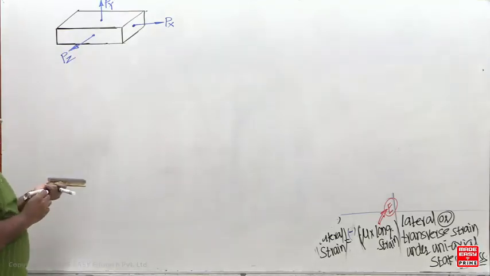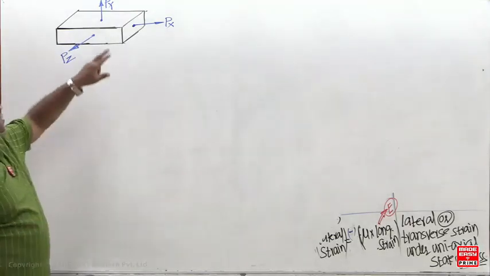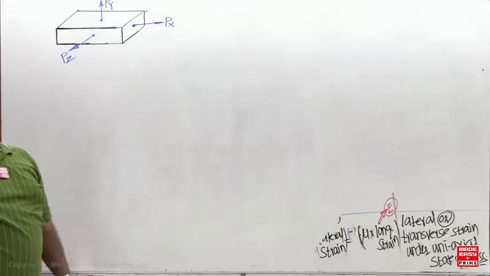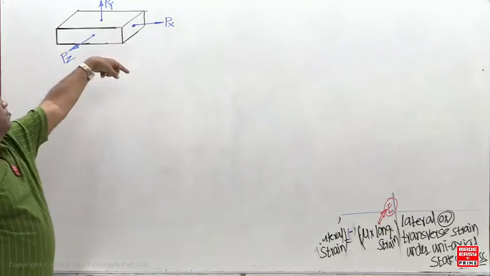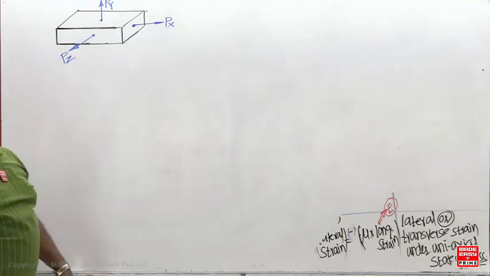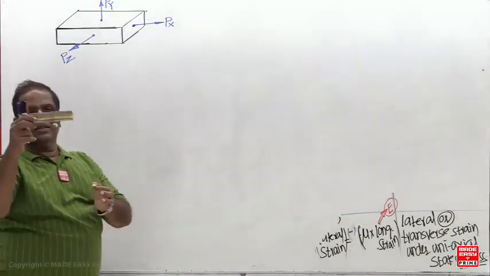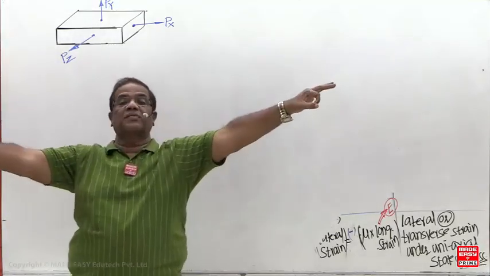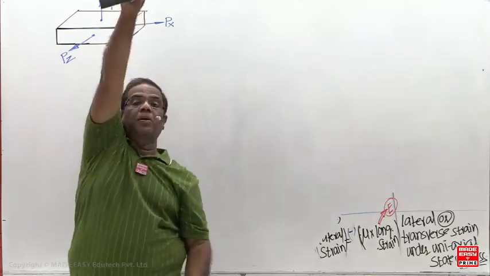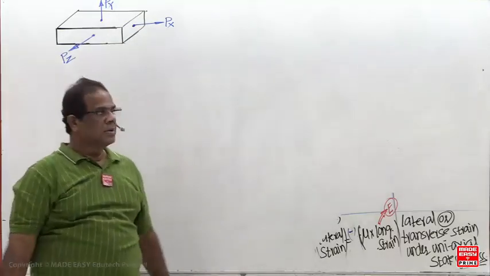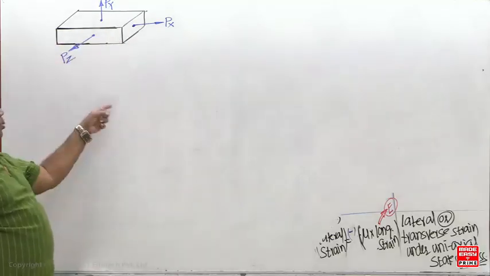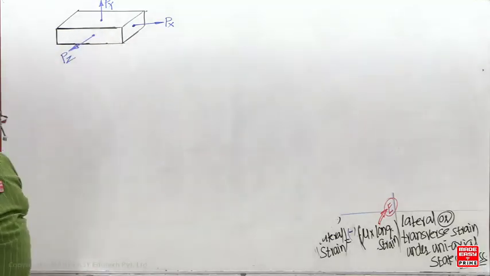Anybody, can you give the Young's modulus definition in this example? A rectangular block, just like a duster, is going to be pulled in three perpendicular directions, px, py, pz. It is pulled towards left and right, top and bottom, and front and back side. Now in this case, what is the Young's modulus definition? Anybody know?